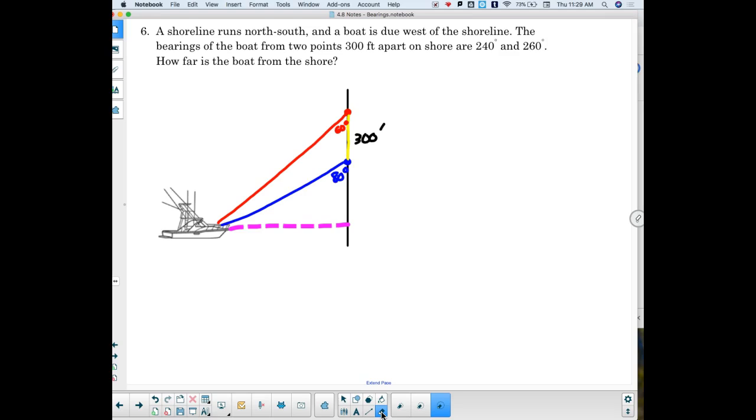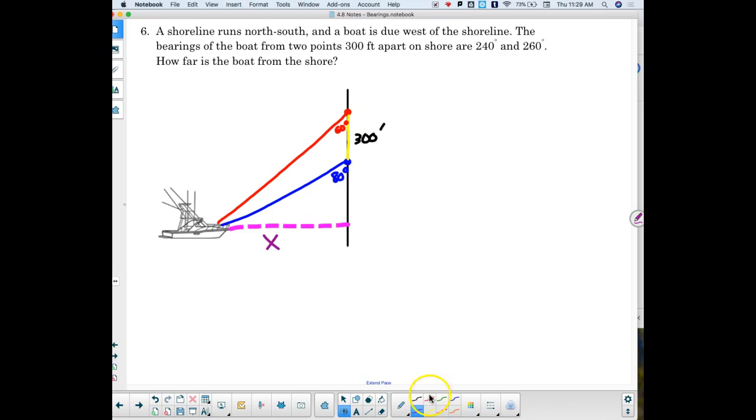How far is the boat from shore? So we want to know that distance. Do we have right triangles? Yes, that helps. It helps if you work in right triangles.